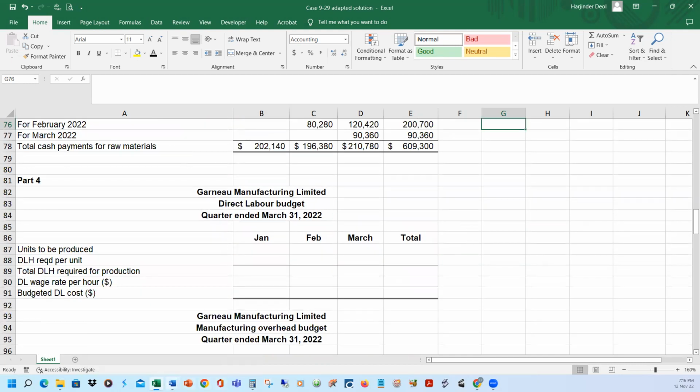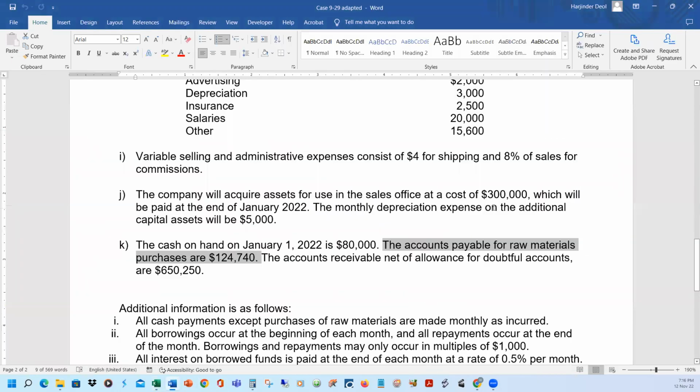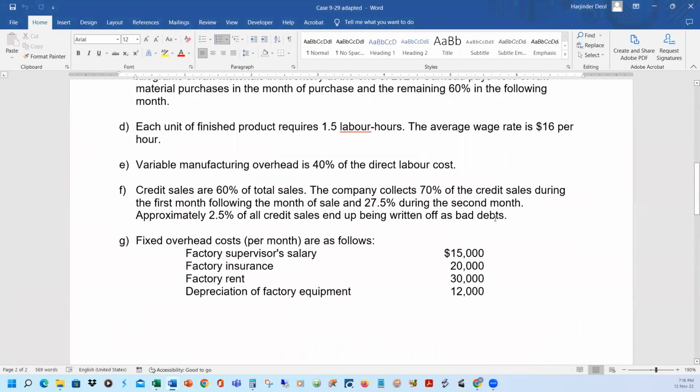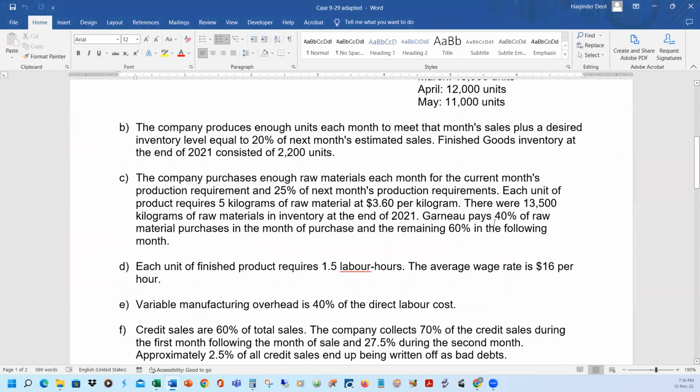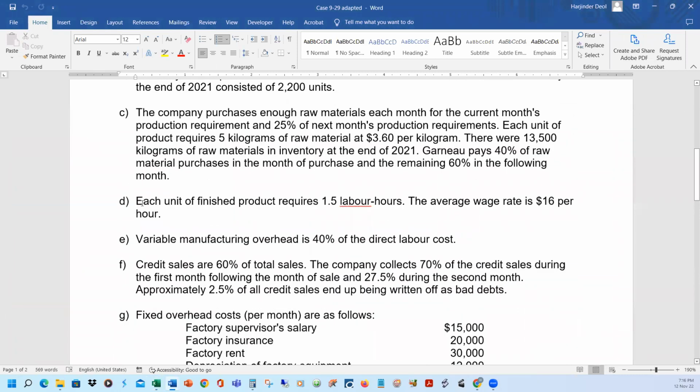So for this budget, we need information about how much of labor time is required. So over here in information D, we are told each unit of finished product needs 1.5 labor hours. So if you multiply the number of units produced in any given month with 1.5, we'll get the number of direct labor hours for that month.